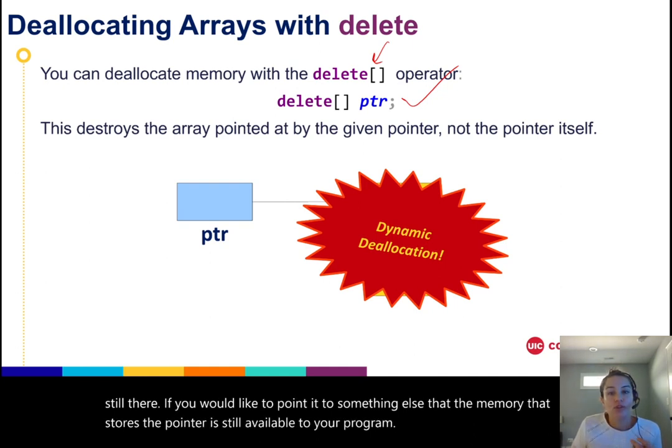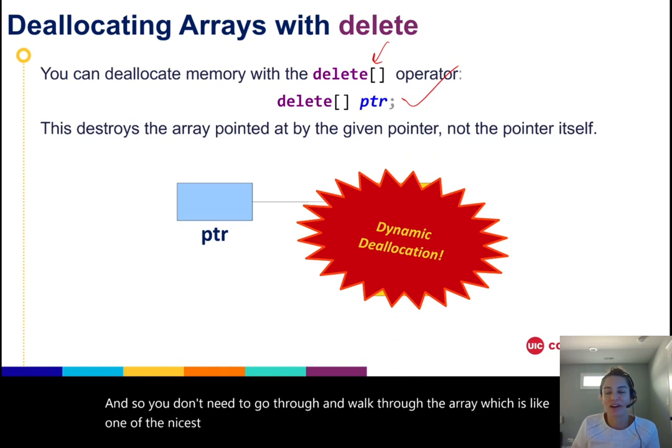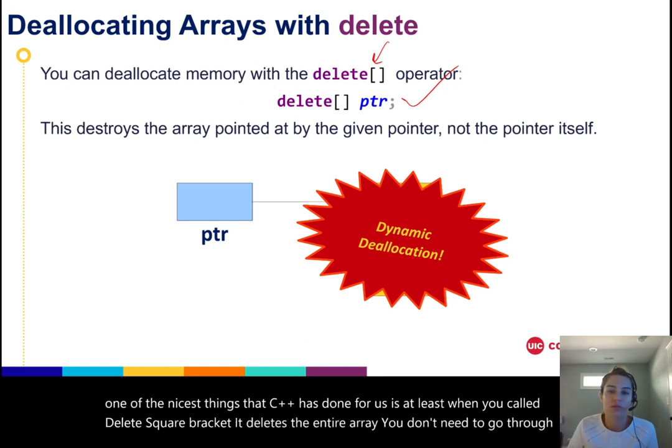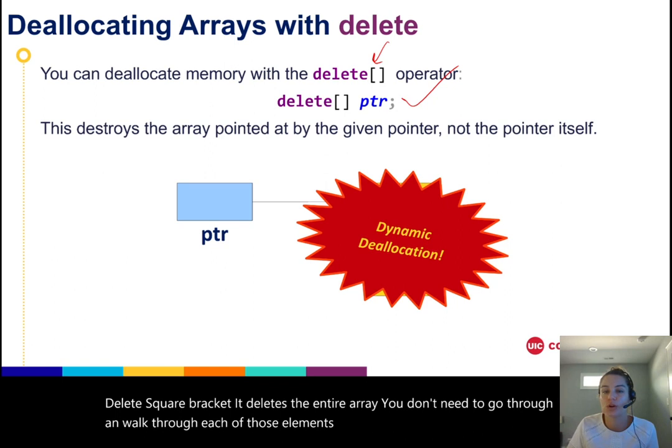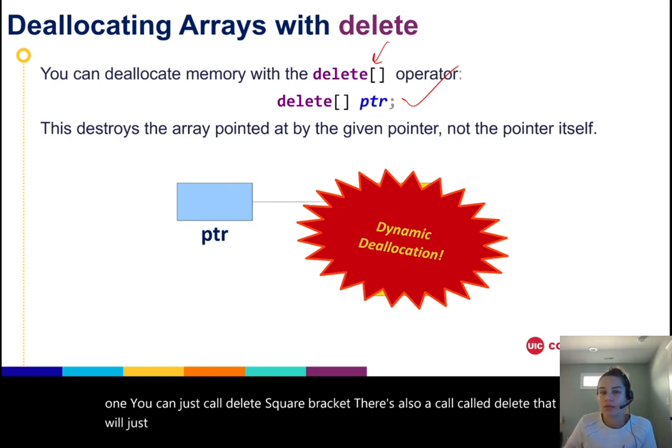And so you don't need to walk through the array, which is one of the nicest things that C++ has done for us: when you call delete square bracket, it deletes the entire array. You don't need to go through each of those elements and call delete for each one. There's also a call, delete, that will just delete the one item that it points to, not the whole array.